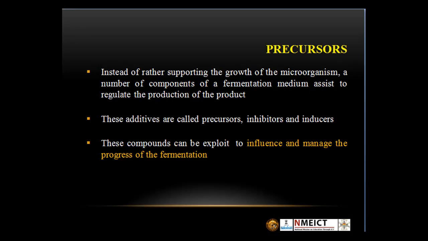Now, precursors. Rather than supporting the growth of microorganisms, a number of components of a fermentation medium assist in regulating the production of the fermentation product. These additives are called precursors, inhibitors, and inducers.